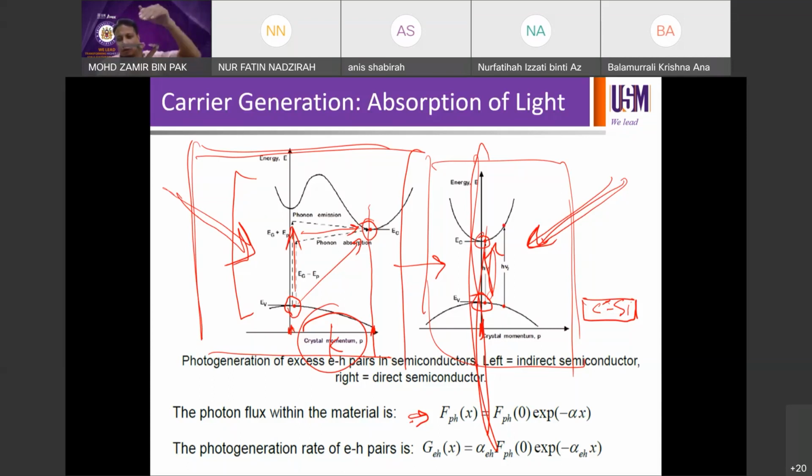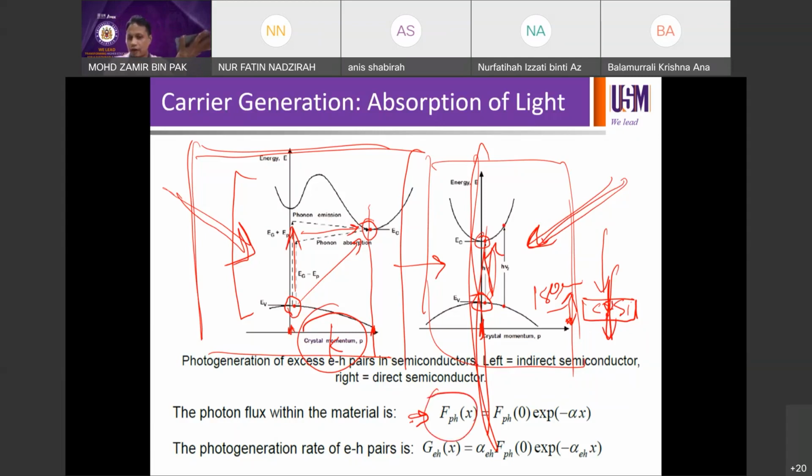So we want to talk about the flux that's coming into the silicon. What I sketched here is the flux coming into silicon, whose thickness is about 180 micron, or pretty much twice our hair thickness. You want to know the flux inside at a certain depth within this crystalline silicon wafer, and the equation is given by this.